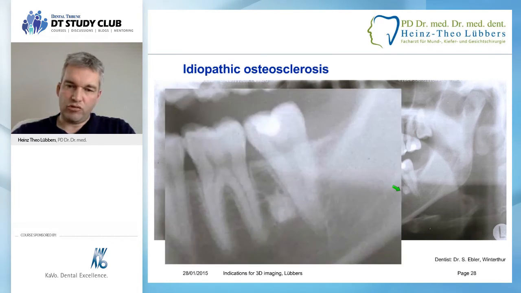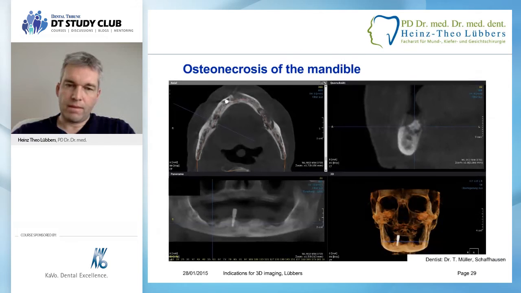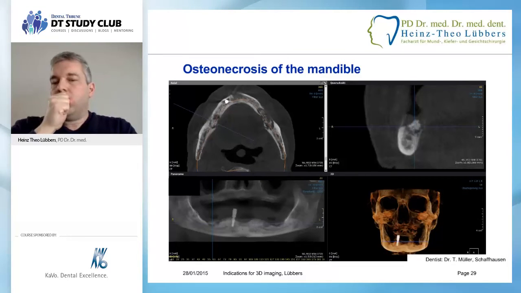So if you want to make sure that this structure is really inside the bone, there's actually no better way nowadays than to do a cone beam CT, and then you actually see it right there. And you can even make sure, well, this is on this picture already sure, but you can make sure whether it's connected to some tooth or not.